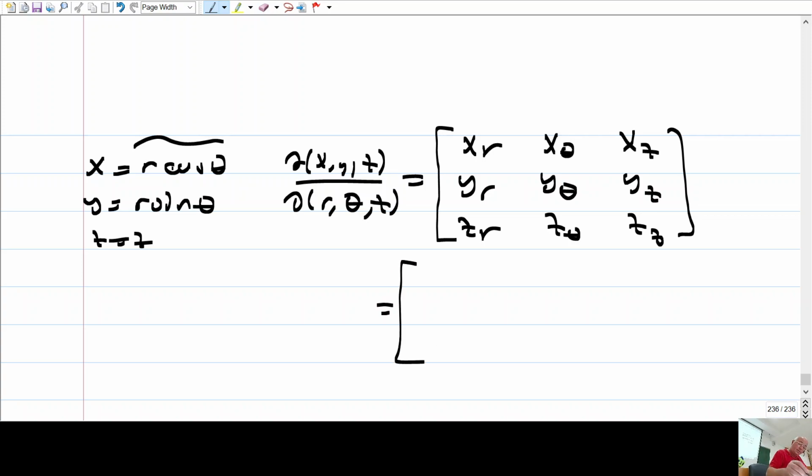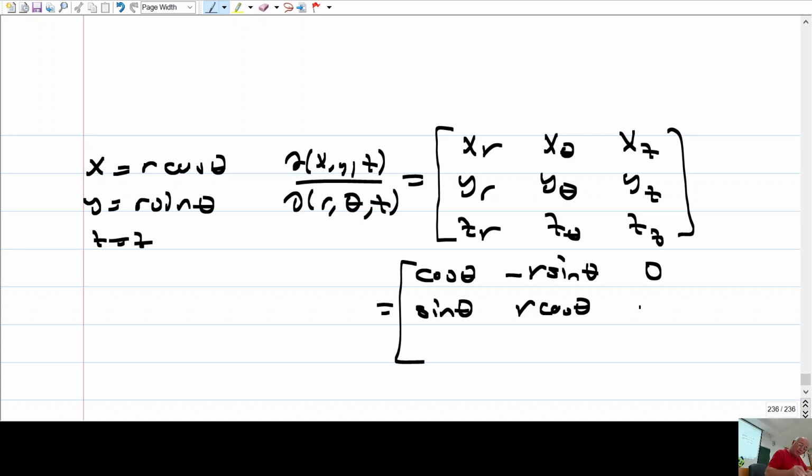So what is this? Derivative with respect to r is just cos theta minus r sine theta. Derivative with respect to z is 0. Derivative of y with respect to r is sine theta, r cos theta, and then 0. And then derivative with respect to r, there is no r here, 0, 0.